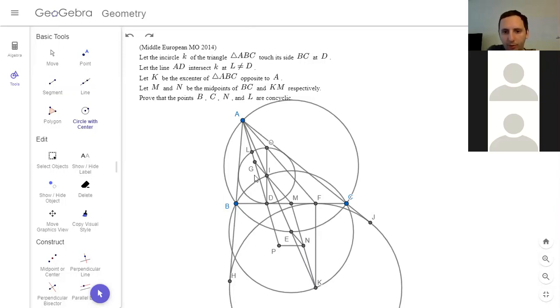So we want to show LD times MK is twice BD times DC. And that kind of feels like similar triangles a little bit.